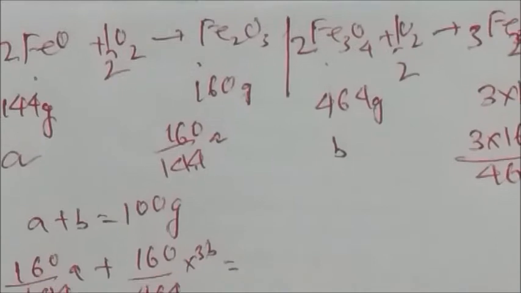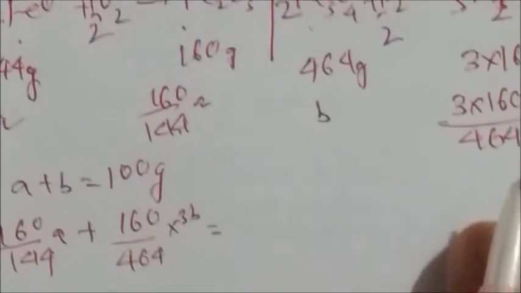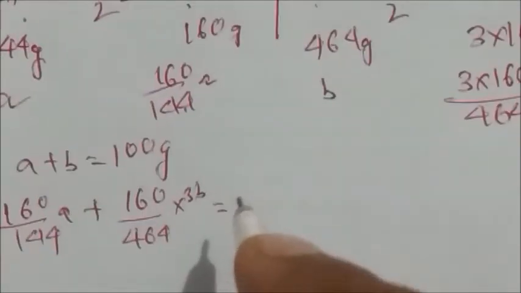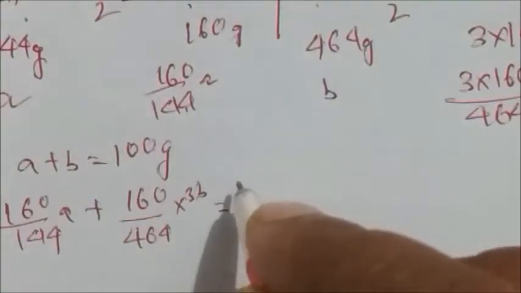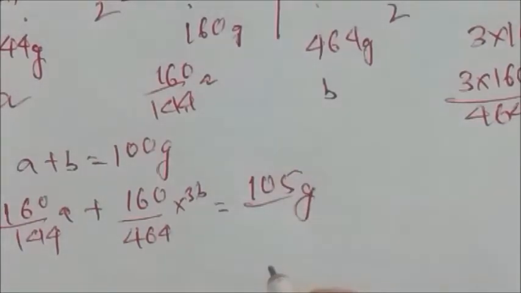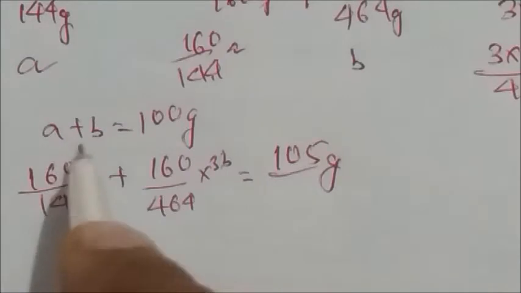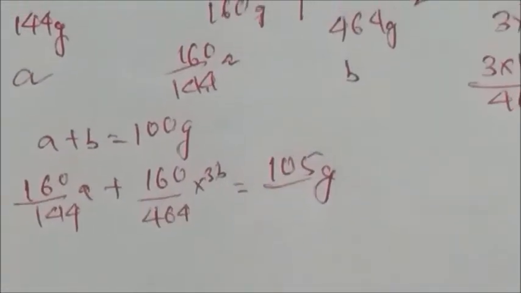Already we have seen it is a 5% weight increase, so this will be 105 gram. So now we have two equations, A plus B equal to 100 gram, and this one. If you solve these two, this becomes a simultaneous equation.